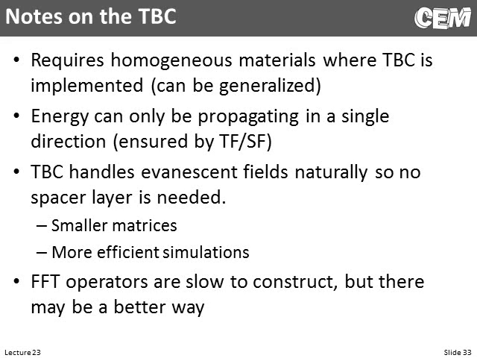We're going to construct one that builds FFT operators for doing fast Fourier transforms. In fact, it may be improper to call it a fast Fourier transform. We probably should call it a discrete Fourier transform. They're slow to construct, and that's the Achilles heel of this. And I think that can be improved, but that's the choke point here.